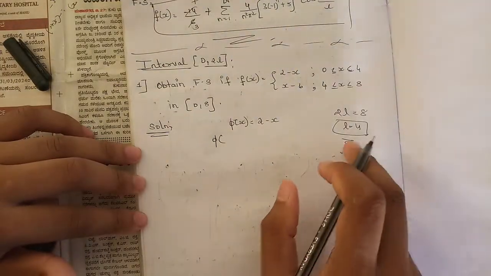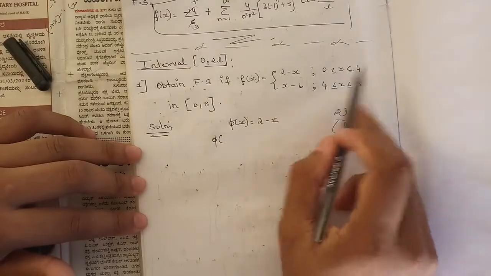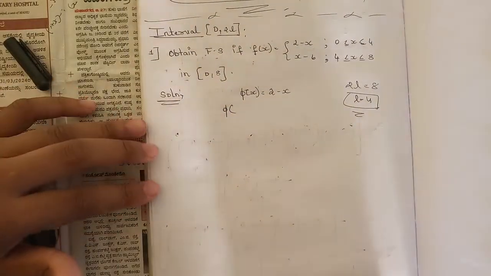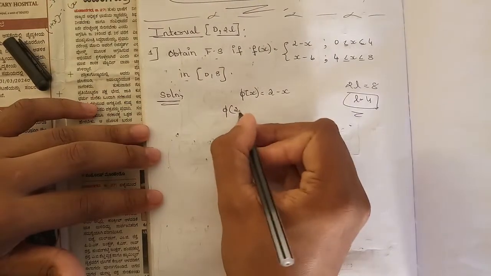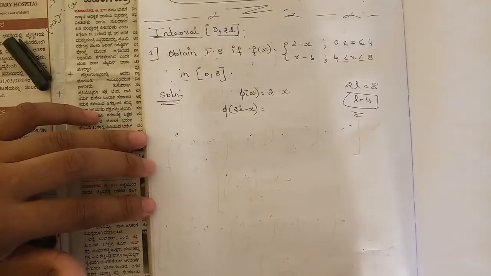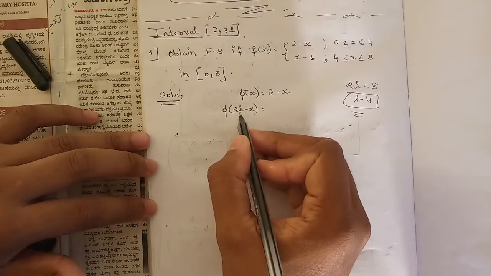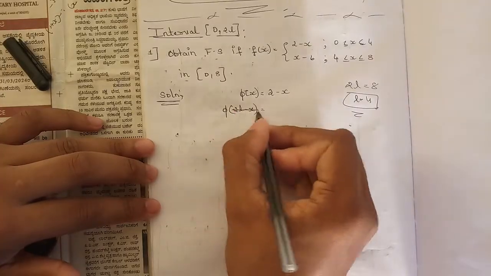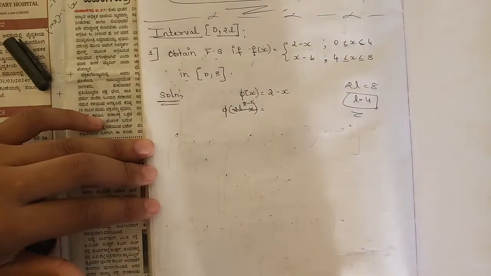So like this we need to find the value of L, and we have got the conditions. So the same thing, here we need to replace the value of x by 2L minus x. So now we'll do it, 2 into 4 minus x, that is we need to replace the value of x by 8 minus x.